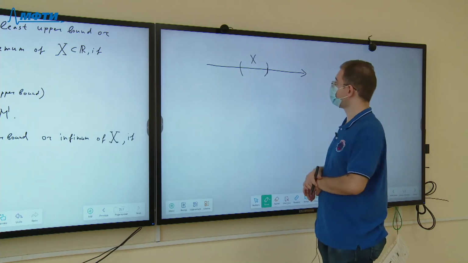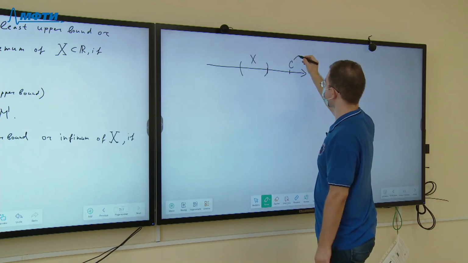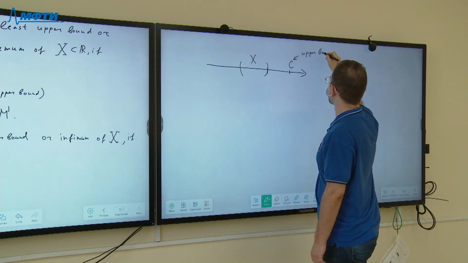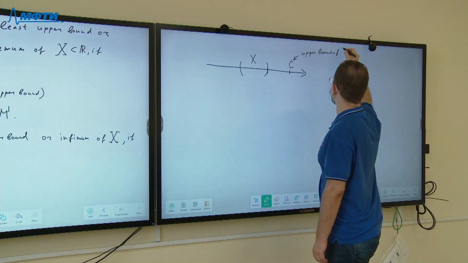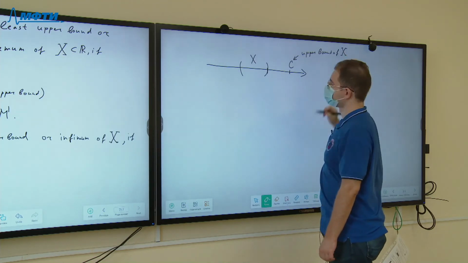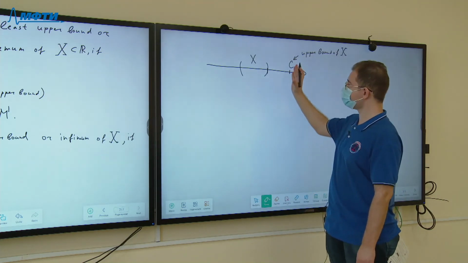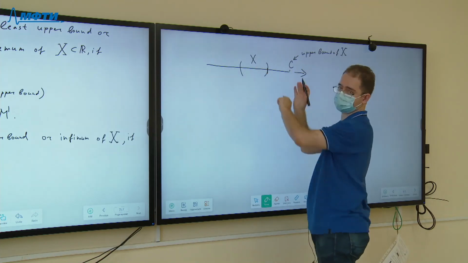So, an upper bound would be, for example, this number, capital C. This is an upper bound of X. This is just any number such that any element from X is to the left, it's smaller.